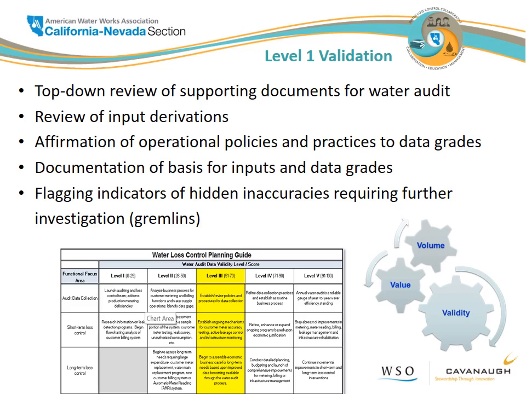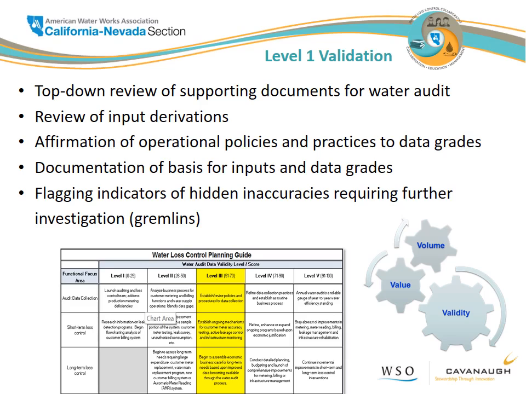But to get us started in that discussion, we'll say that those are generally looking at the policies and practices behind the data grade selection and the derivation, as well as the documentation for the inputs that are going in.